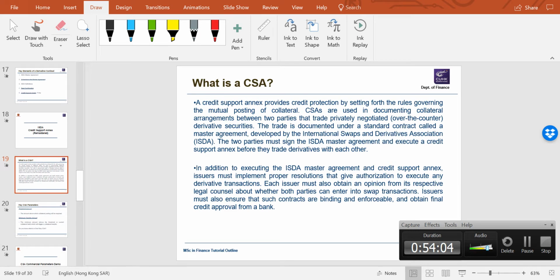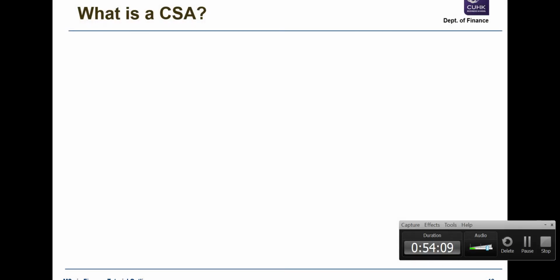Now this is important, and I'm sure Ryan would like you to get to know this. A credit support annex, or CSA for short, is just a grand term for margin trading. That's the way I like to think about it.